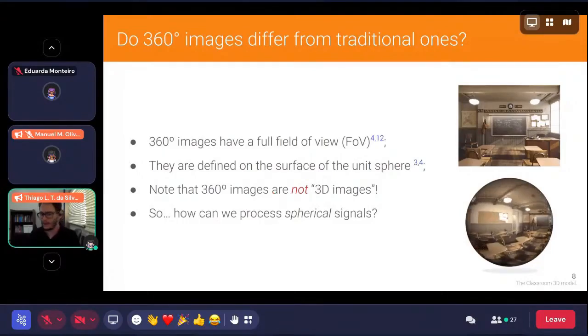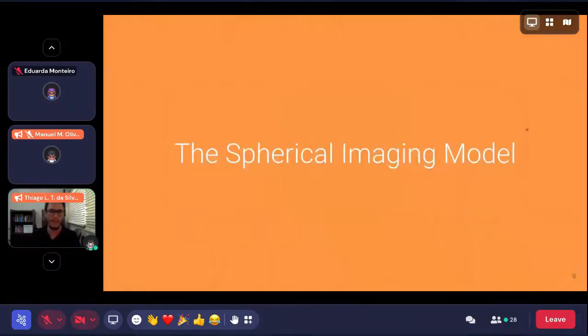And the question is, how can we process spherical signals once we are not representing our signals on the plane as those traditional images? Before we move to the processing, we should first understand how a spherical image is captured, actually.